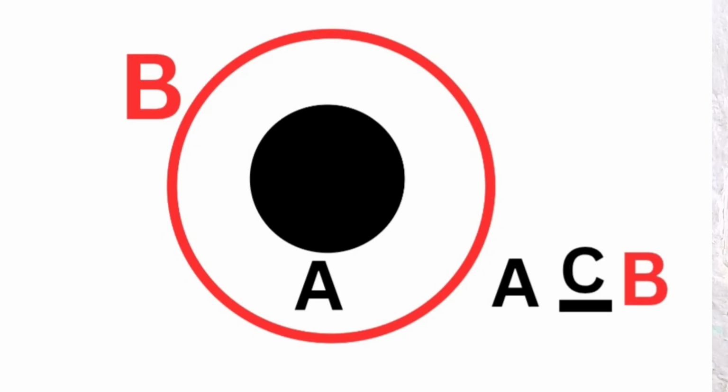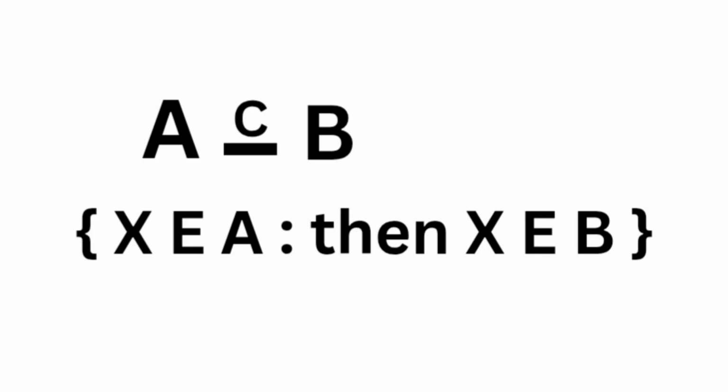A ⊆ B means everything in A lives inside B. Nothing in A is outside B. A is a subset of B means every member of set A is also a member of set B, because everything in A can be found inside B. In short, A ⊆ B means A is completely inside B. In symbols, A ⊆ B means if x ∈ A, then x ∈ B. Here are 5 clear examples.